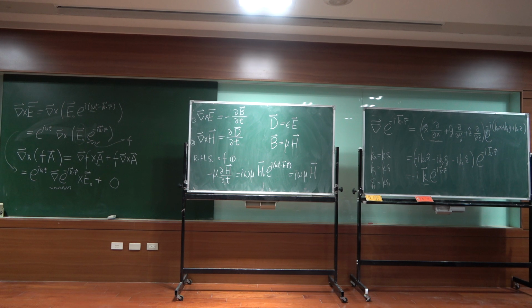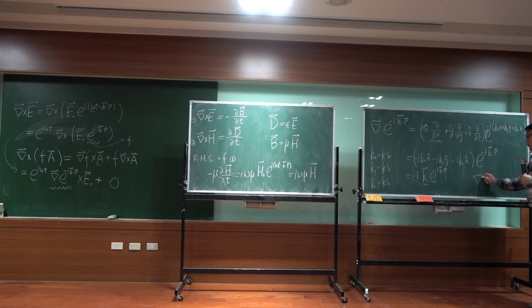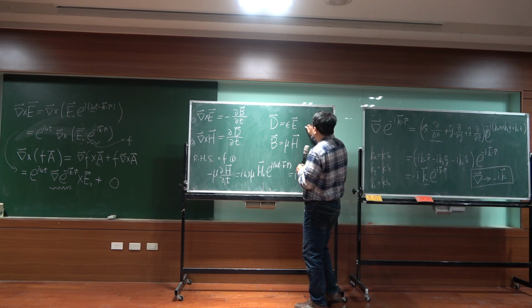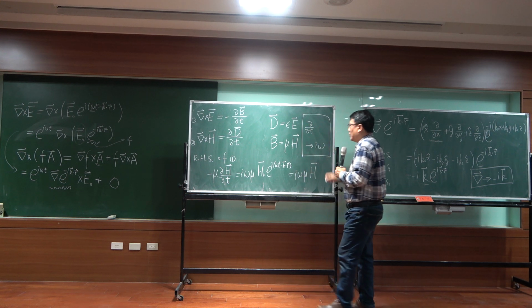Okay, so we have this. When we do something like this, we can remember that we can just replace del with minus ik, and we can replace the time derivative, partial t, by i omega.